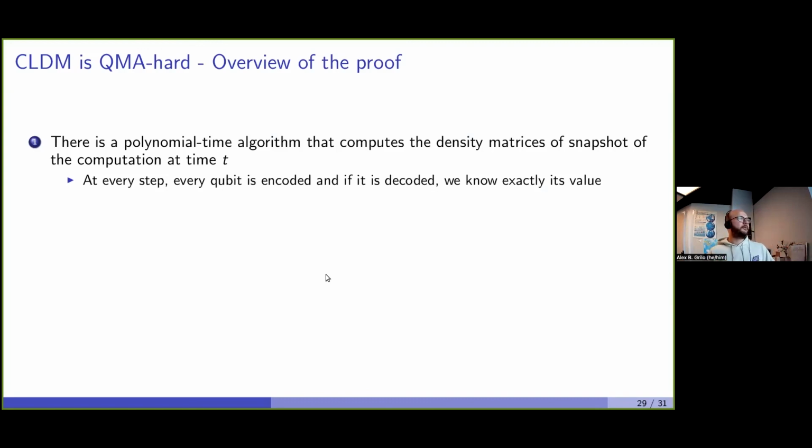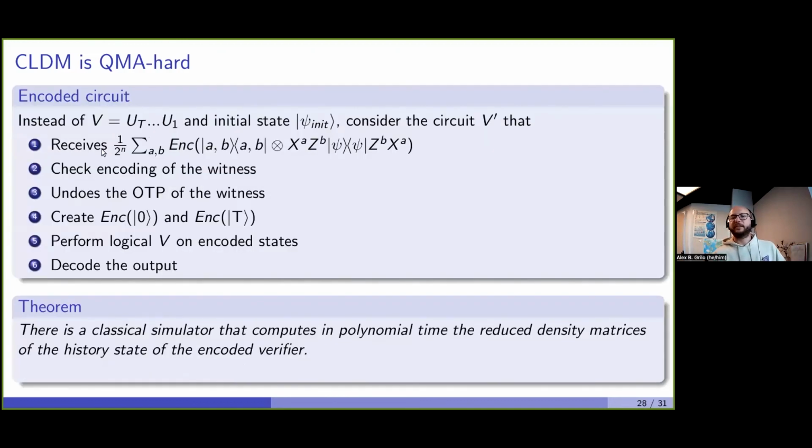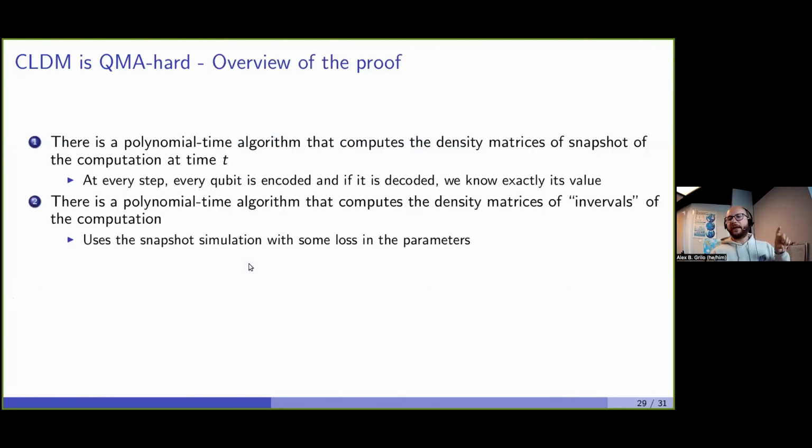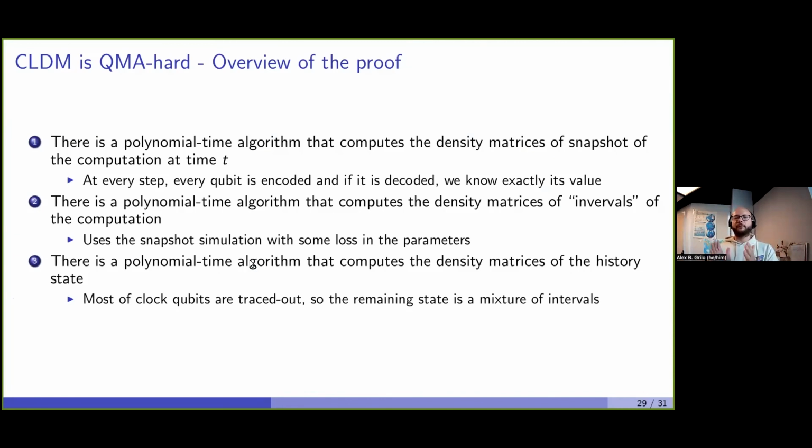We first show that we can simulate every snapshot of your computation. When you have V prime, then for every step of the computation, you can simulate the snapshot of the computation, and then you can lift that to the history state.